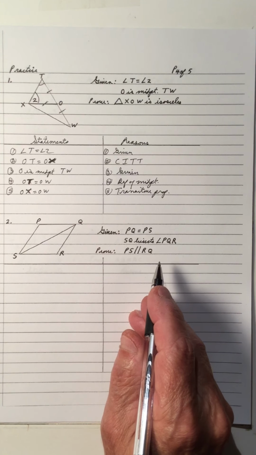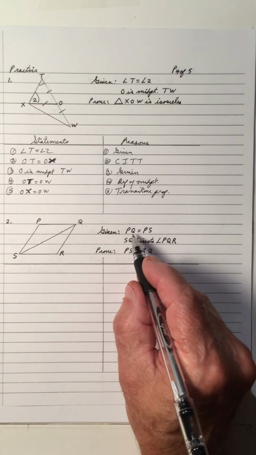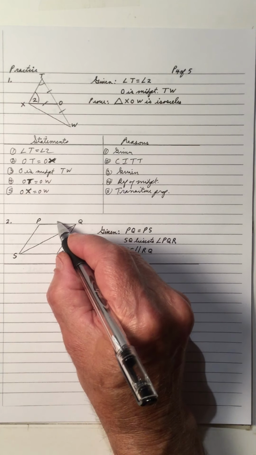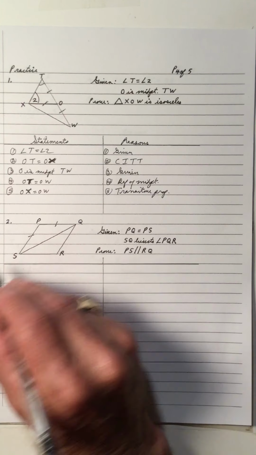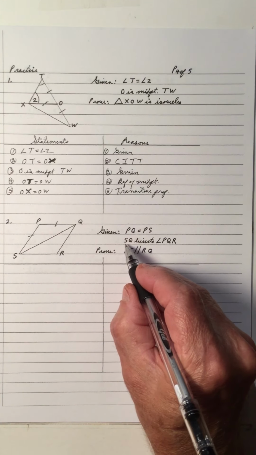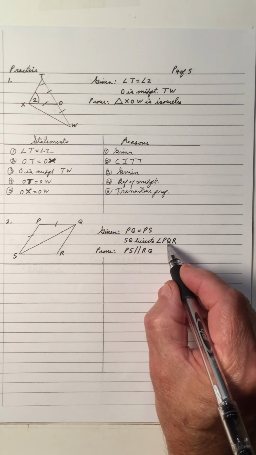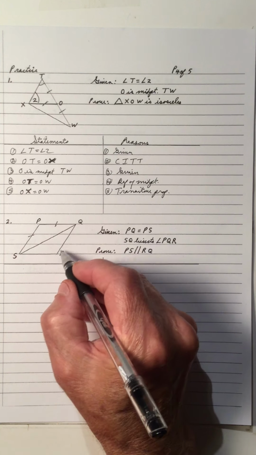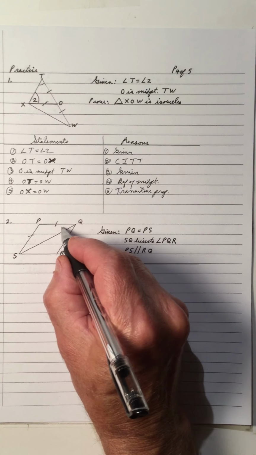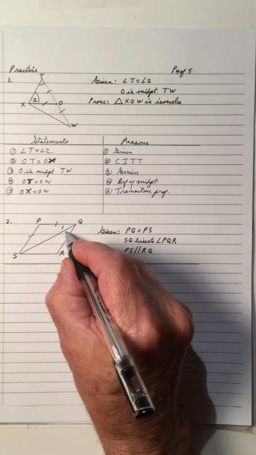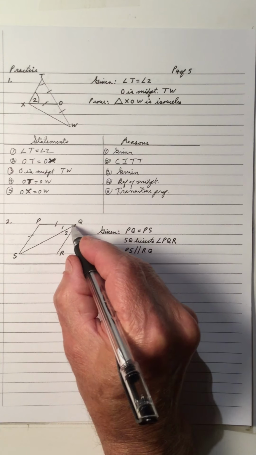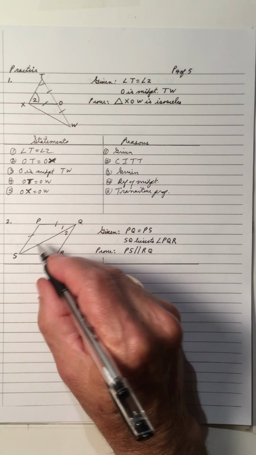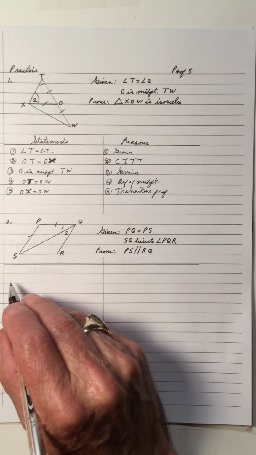And number 2, we have to prove PQ equals PS. We have SQ bisects angle PQR. So there's two angles here. I'm going to make this angle 1 and angle 2. Instead of going PQS and RQS, let's call them angle 1 and angle 2.